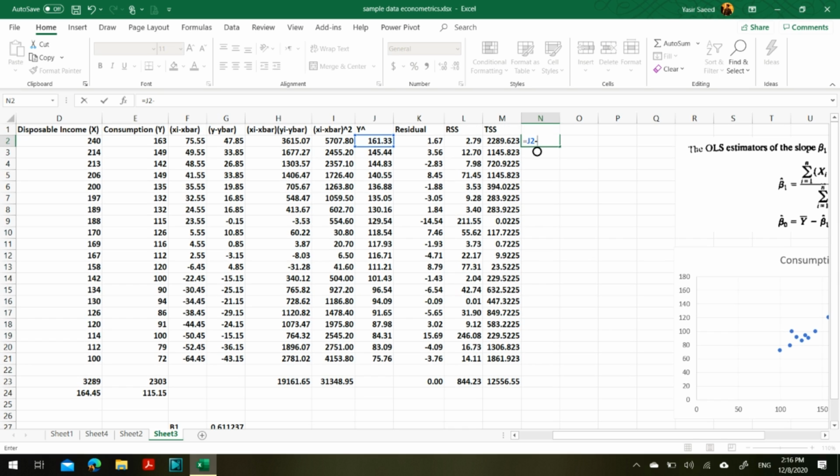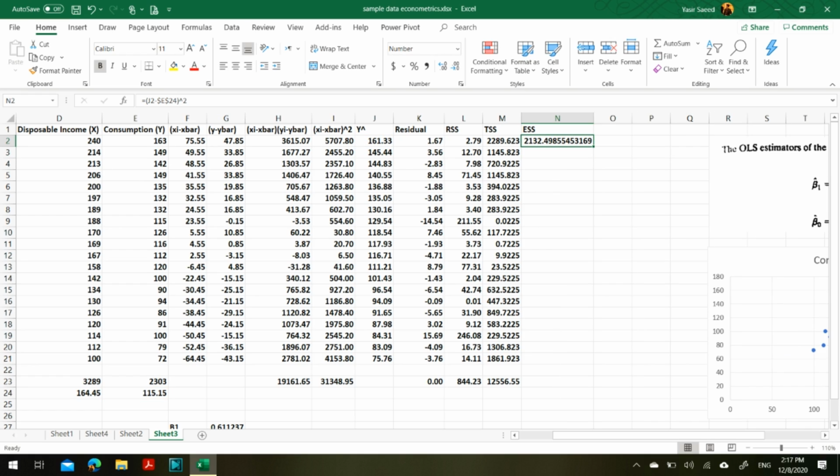the value of y bar is over here, that is the average of y, the average value of consumption, and I have to fix it in all the formulas, so I put the dollar sign again. This is y hat minus y bar, so I close it in brackets. So when I take the square of it, the square applies on the whole value, and press enter and drag the formula down.